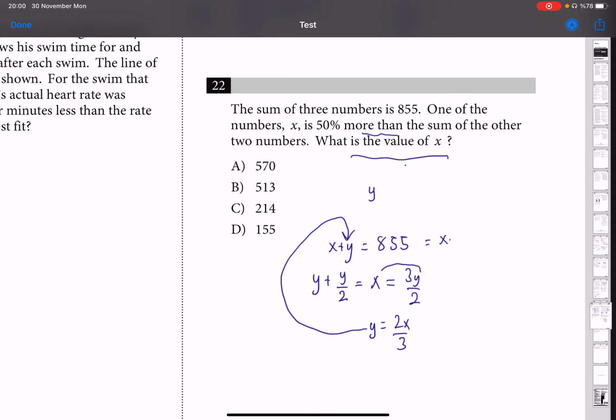So x plus 2x over 3 is 5x divided by 3. Let's solve it by the calculator. 3 times 855 divided by 5 is 513.